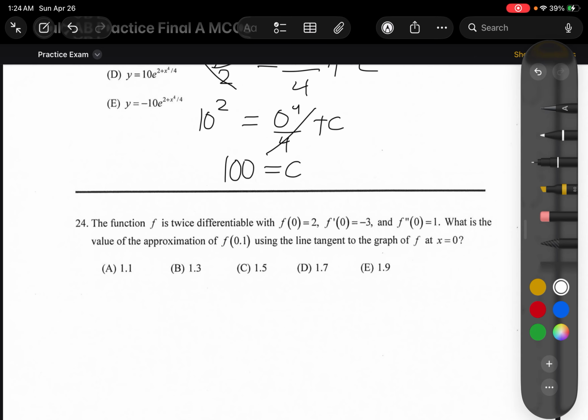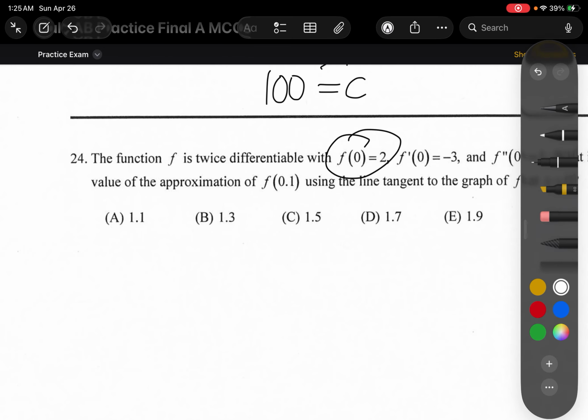Number 24 is asking for an approximation. So we're trying to use a tangent line. We're basically using y equals mx plus b, or the point slope equation. I will use the point slope equation because it is much simpler. Let's use this.